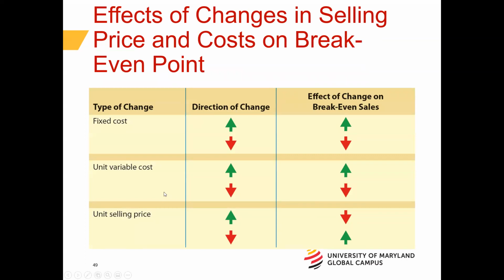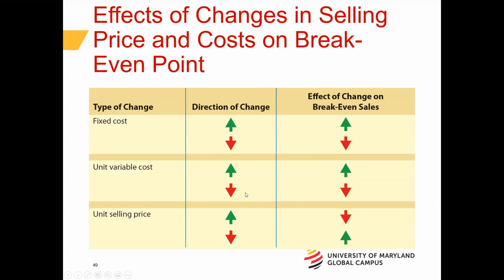So let's recap on these types of changes and their effect on break even. As fixed costs rise, my break even must rise. As fixed cost decreases, I can decrease my break even. If variable costs rise, my break even must rise.